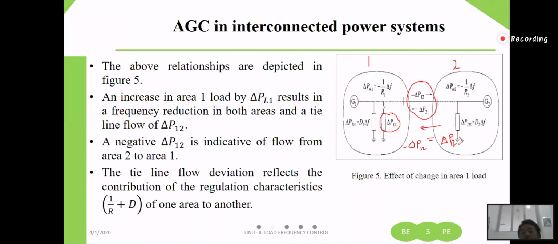It means power flows from area 2 to area 1. So this is the basic concept of what happens to frequency and power in area 2 if there are changes in area 1. Okay, are you able to get it?